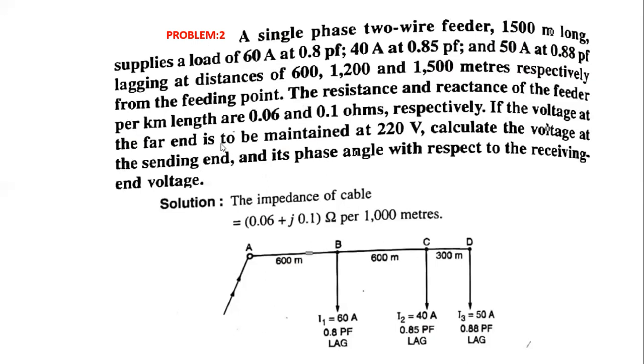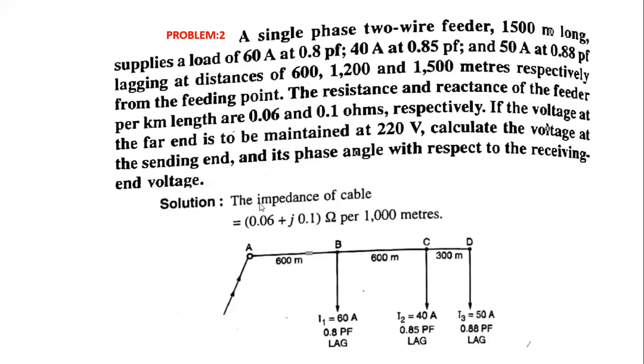If the voltage at the far end is to be maintained at 220 volts, calculate the voltage at the sending end, that is VA. Far end means the receiving end. Also find its phase angle with respect to the receiving end voltage.